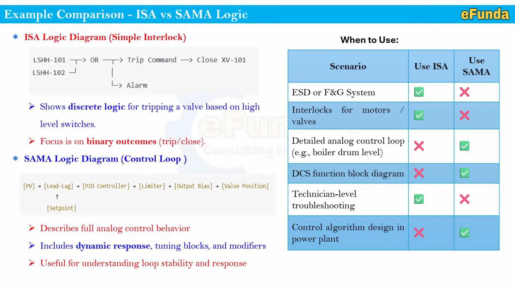A detailed analog control loop example, boiler drum level, uses SAMA logic type. DCS function block diagrams use SAMA logic. Technician-level troubleshooting uses ISA logic. Control algorithm design in a power plant uses SAMA logic. This is how we have differentiated in more detail with the help of examples.